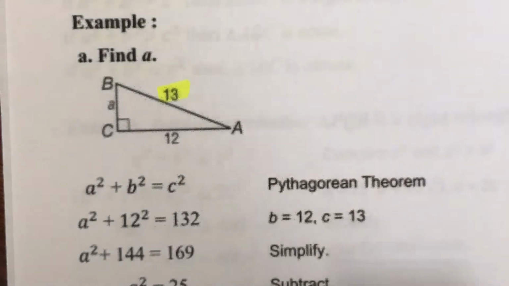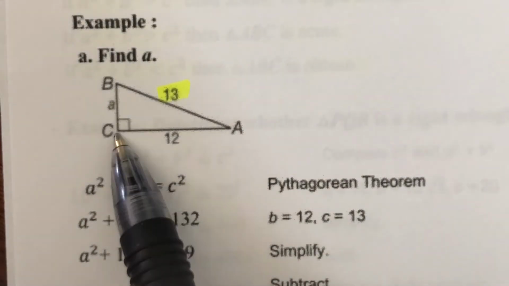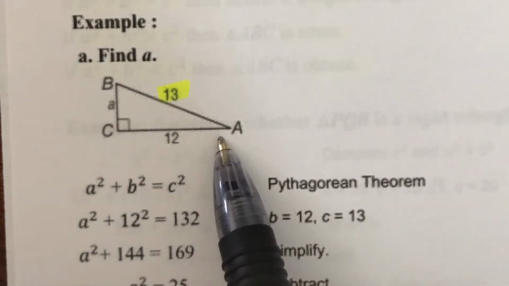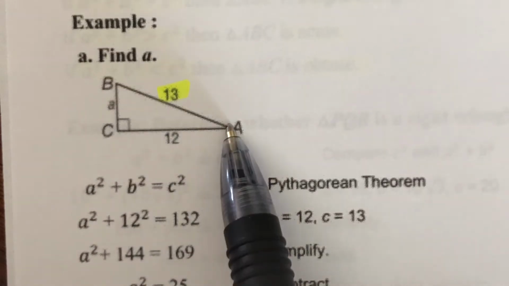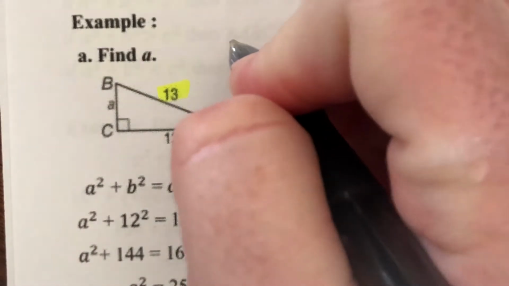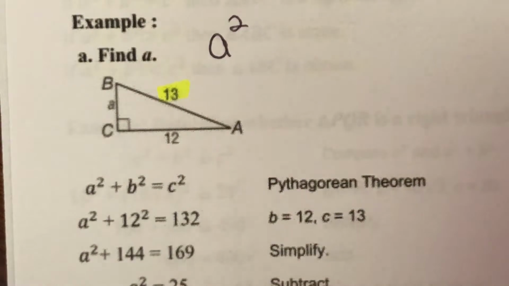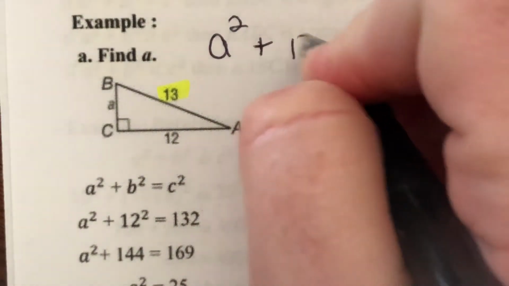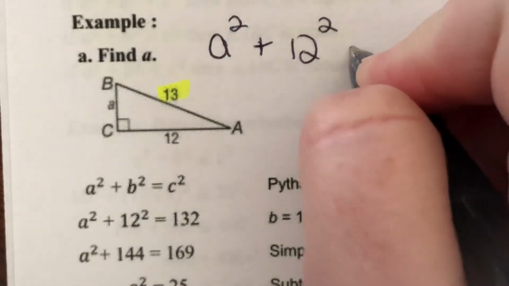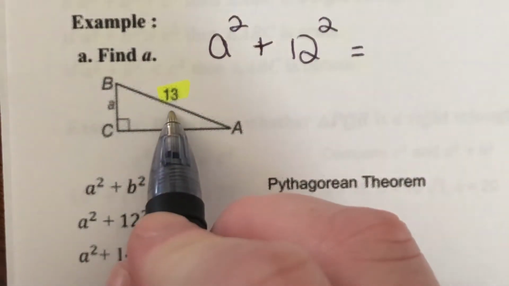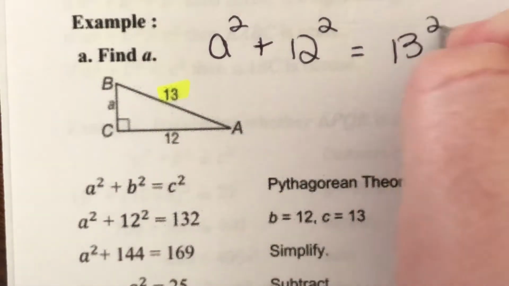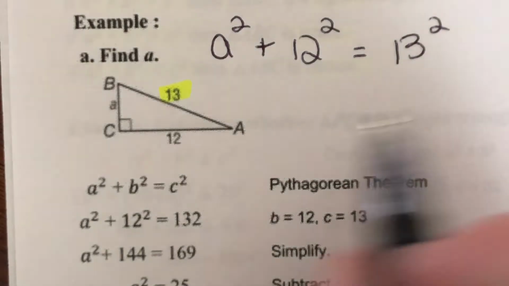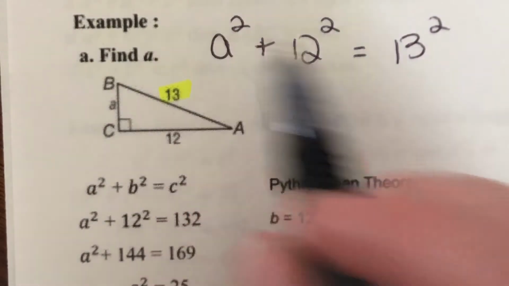So for example, here we have two legs, a and 12, and the hypotenuse is 13. So when we use the Pythagorean theorem, we square one leg, add it to the square of the other leg, and that should equal the hypotenuse squared, the longest side squared, right? So here we can actually solve for a.